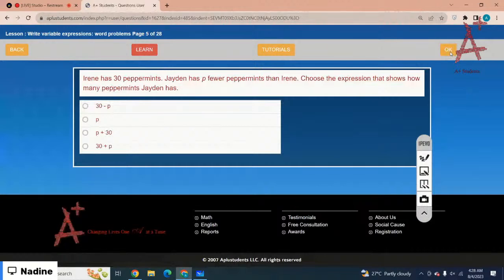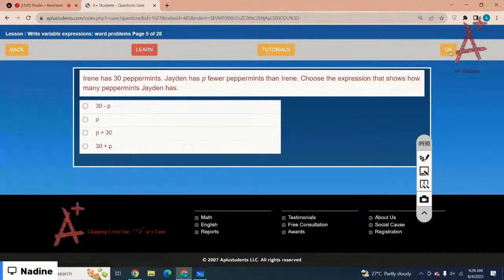Iron has 33 peppermints. Jaden has P fewer peppermints than Iron. Choose the expression that shows how many peppermints Jaden has. So, which is the correct option? Think and then answer.